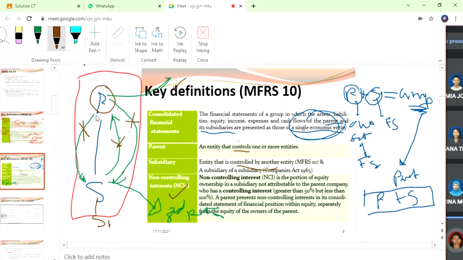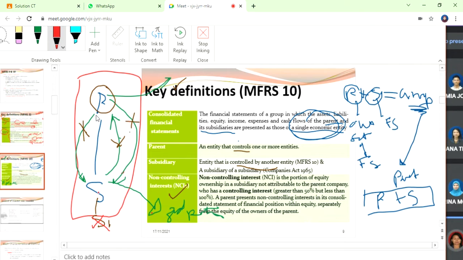But for your level, you need not worry yourself about S1. We only deal with one parent and one subsidiary, which is directly controlled by the parent. This kind of category, you will learn when you go to degree, in part 5 of the degree, under FAR 620, which I am currently teaching.